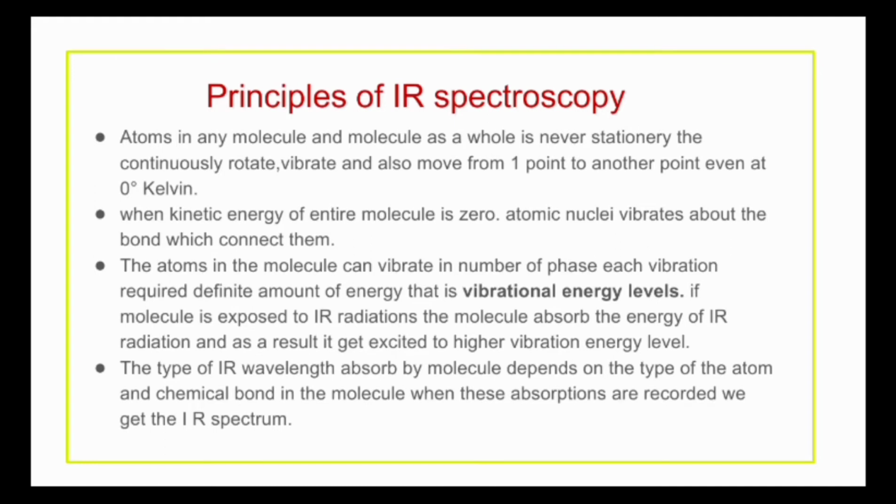If a molecule is exposed to IR radiation, the molecule absorbs the energy of IR radiation, and as a result it gets excited to a higher vibrational energy level. The type of IR wavelength absorbed by the molecule depends on the type of the atoms and chemical bonds in the molecule. When these absorptions are recorded, we get the IR spectrum.